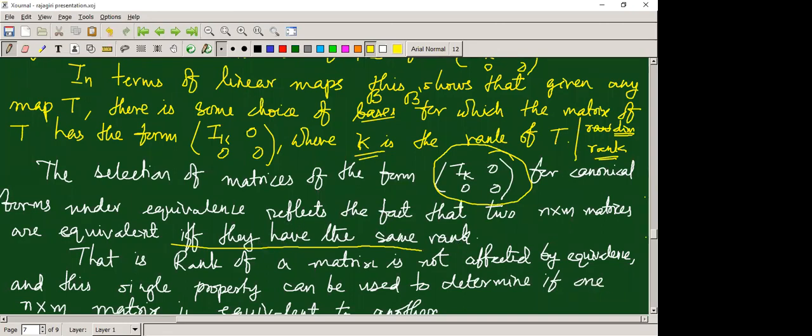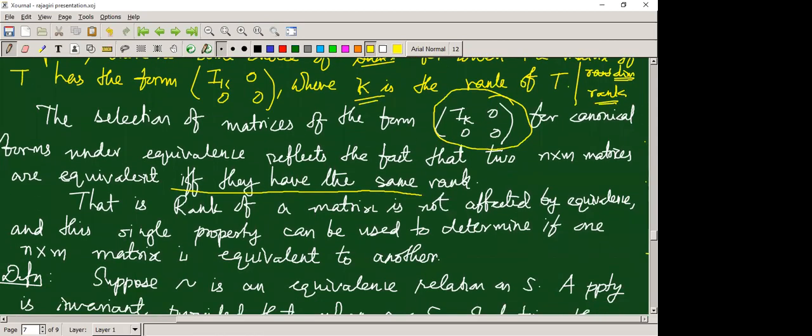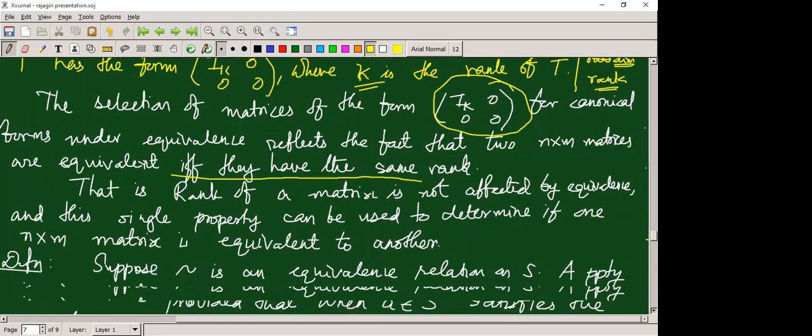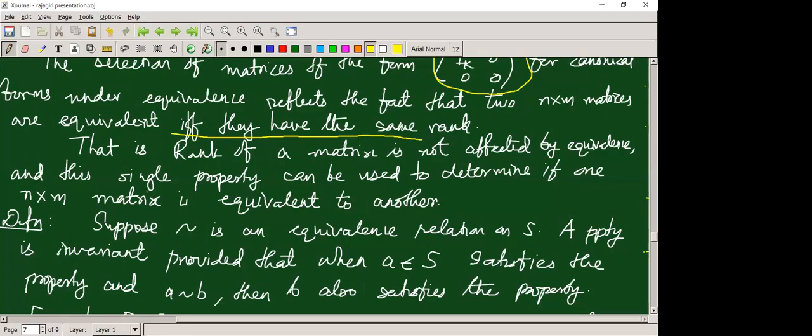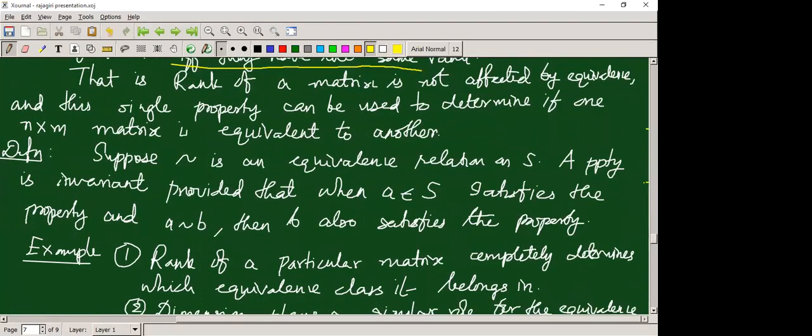That is, the rank of a matrix is not affected by equivalence, and this single property can be used to determine if one n by m matrix is equivalent to another. So using just rank only, we can characterize other elements in that equivalence class, and that is represented by the simple form [I_k 0; 0 0].